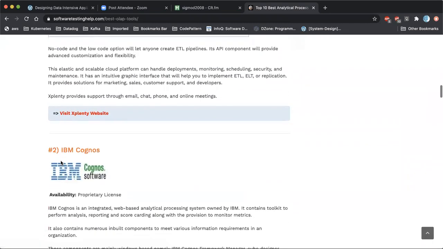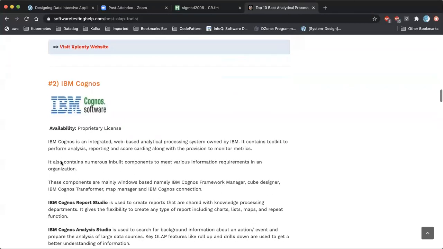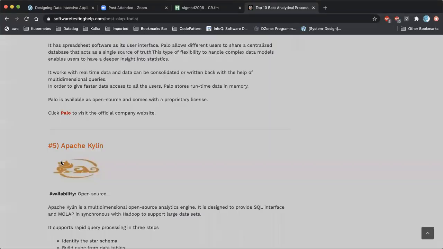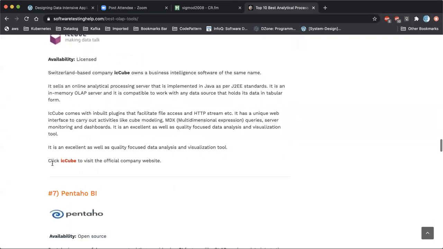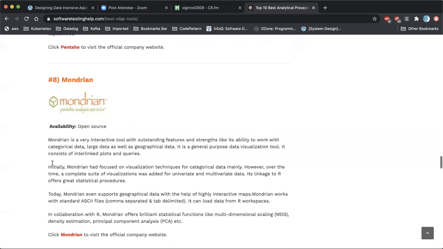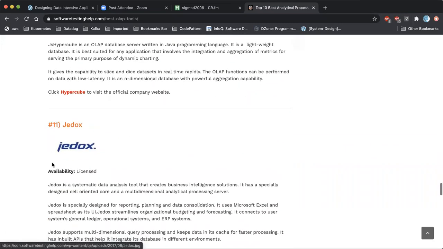Explain, I haven't even heard about it. IBM Cognos. Cognos is, I think, a bit of a famous one, right? IBM Cognos software. Palo, Pachiclin, IQ, Pentaho, Mondrian. Oracle obviously should have something. Jedox.